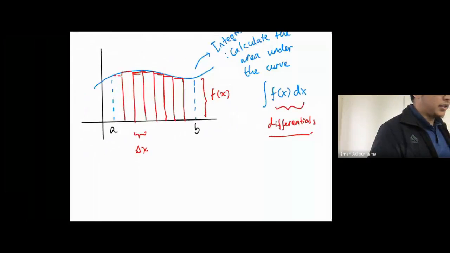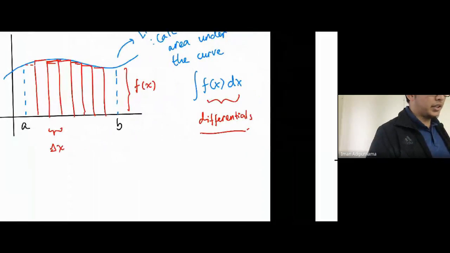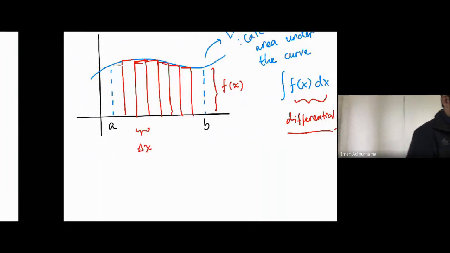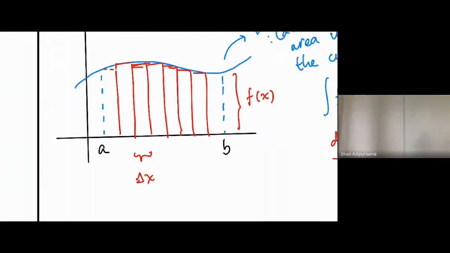So basically what integration tells us is, if we have a curve like this one, let's say the interval is from A to B. Imagine you have rectangles, long boxes here, and you have a lot of them.